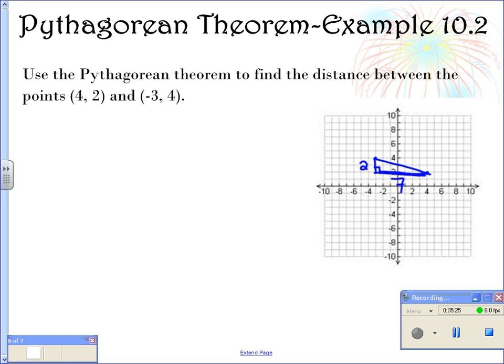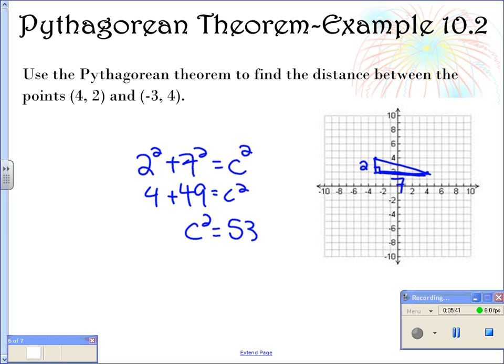The hypotenuse. So how would we figure out the length of the hypotenuse? So what would C equal? The square root of 53. Y'all see how that works?